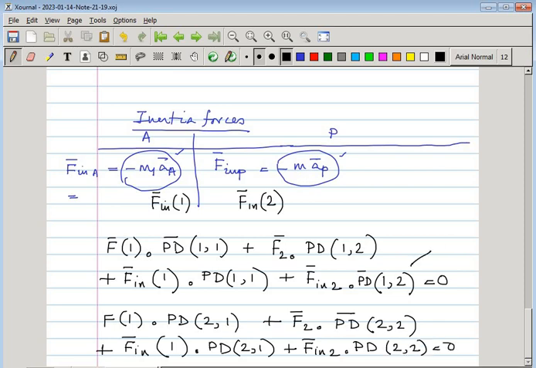So this is equation 1 and this is equation 2.